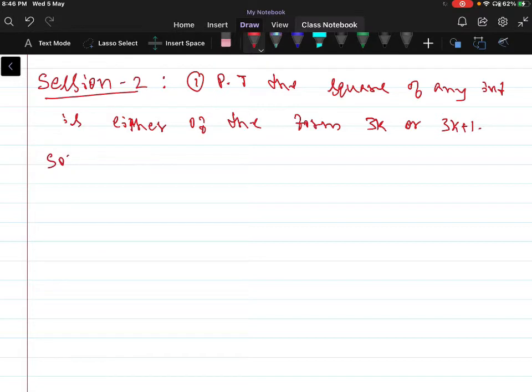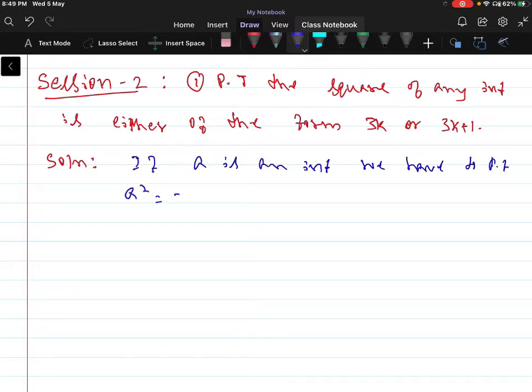Let us move to solution. If a is an integer, then we have to prove that a square is equal to 3k or a square is equal to 3k plus 1.